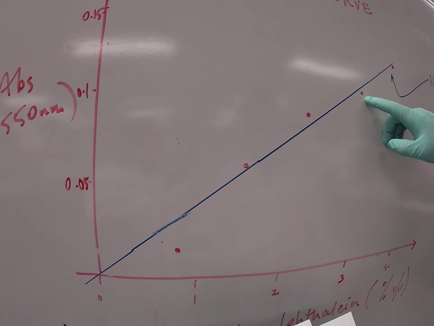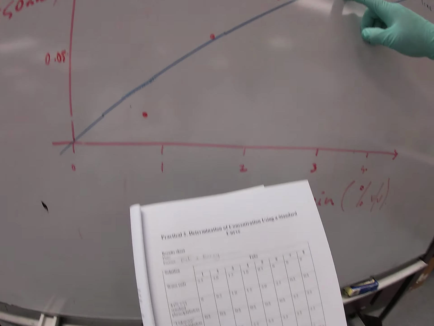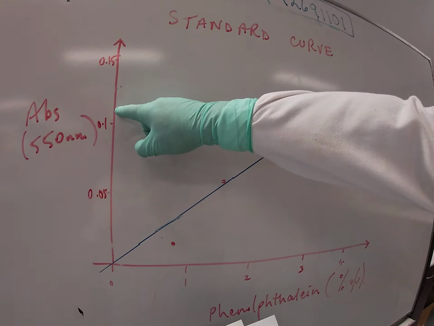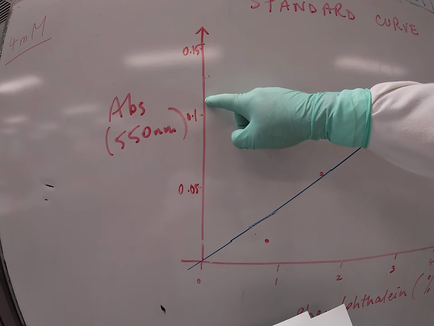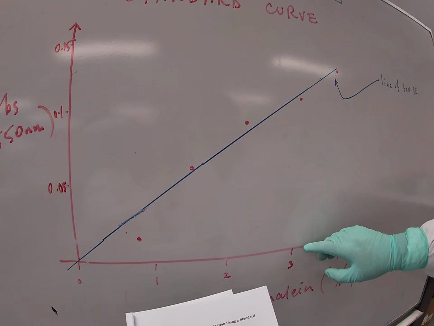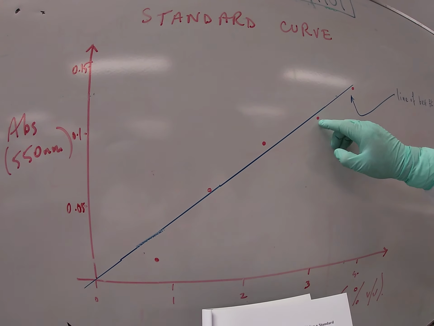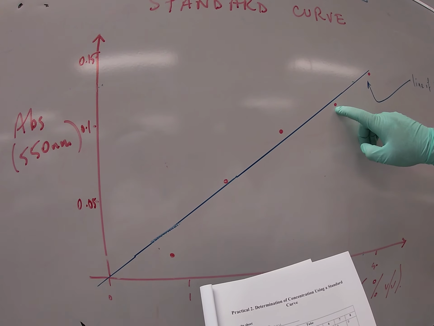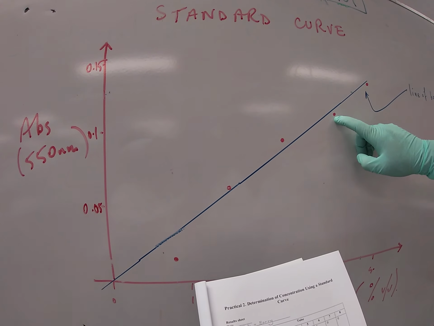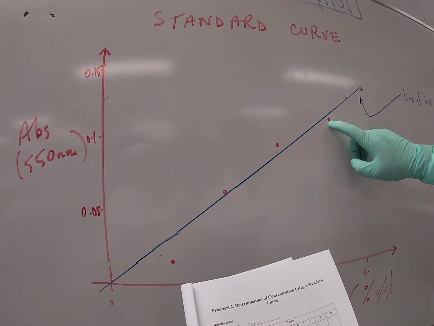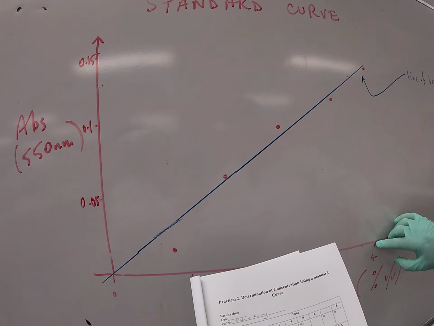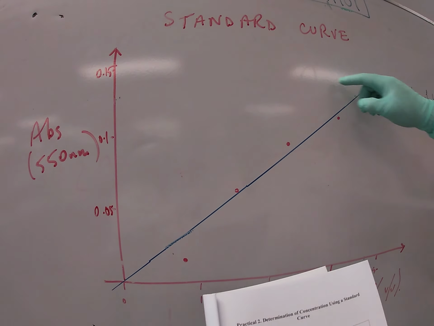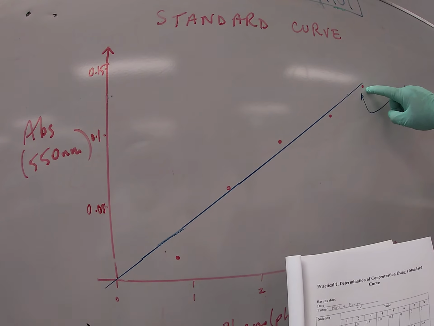Test tube number 5 has an absorbance reading of 0.118, approximately there, and a final concentration of 3.2. And the final test tube, number 6, has an absorbance reading of 0.141 at a final concentration of 4. So we go to 4, 0.141, which is approximately there, and that's where this point is located.